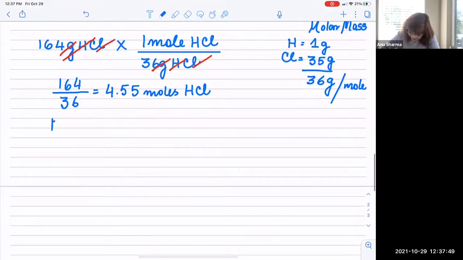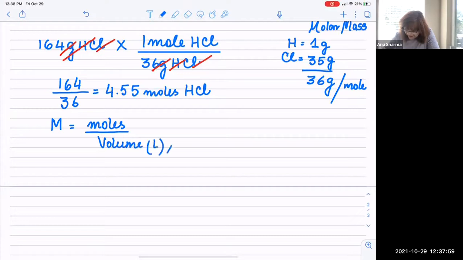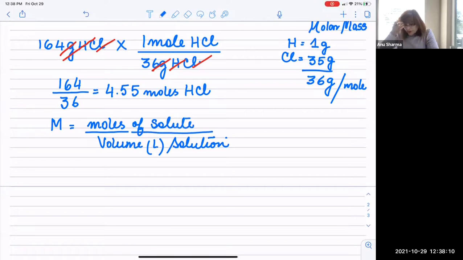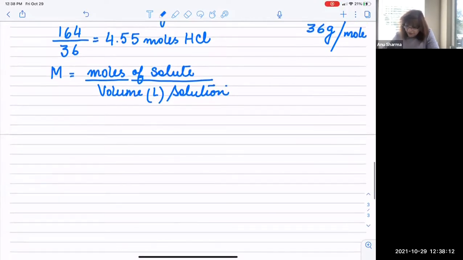Now we know the molarity is equal to moles over volume. This volume is in liters and is of the solution, and the moles is of solute, which in this case is the HCl. And we need to find the volume.